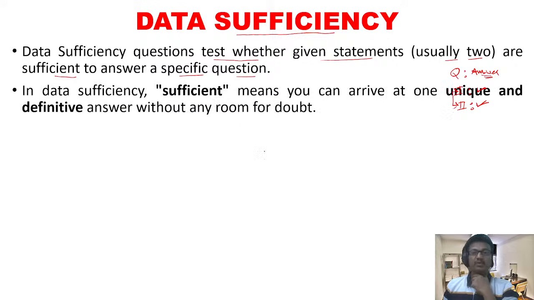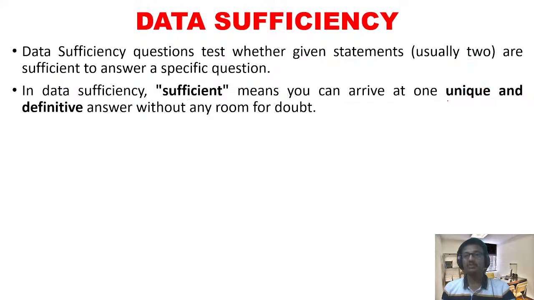Then what do you mean by sufficient? Here it is given whether the two statements are sufficient to answer. So what is the definition of sufficiency? In data sufficiency, sufficient means you can arrive at one unique and definitive answer without any room for doubt.